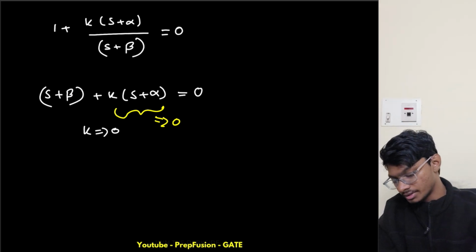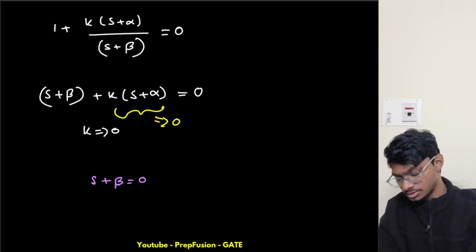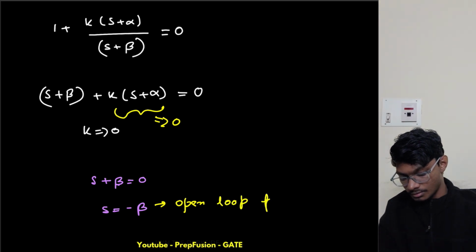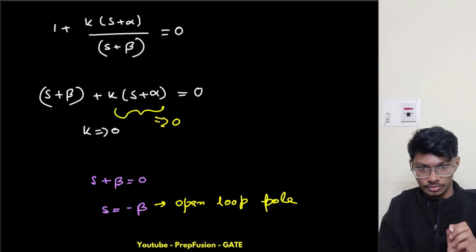So I get the equation s plus beta equals 0, or s equals minus beta, which is basically the open loop pole of the OLTF.